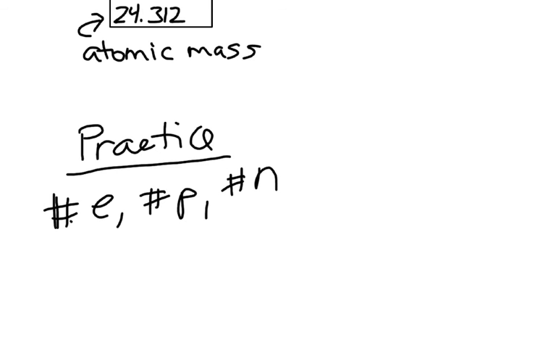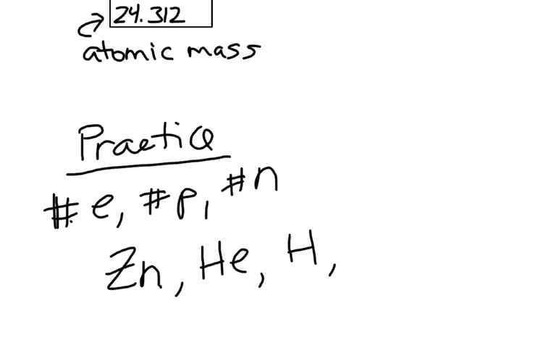Now, you're going to have to find the atomic symbol for them. So I want you to do zinc. Well, Zn is zinc. We'll do helium, hydrogen, oxygen, and try to do uranium. So those are the 5. I want you to find the number of electrons, protons, and neutrons in them.